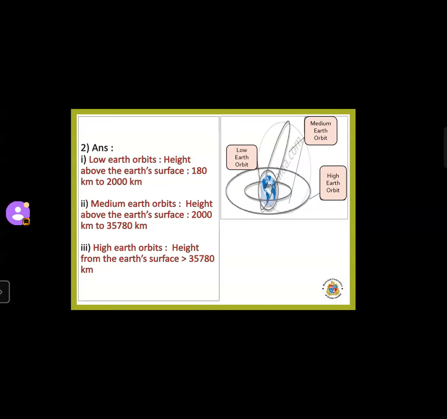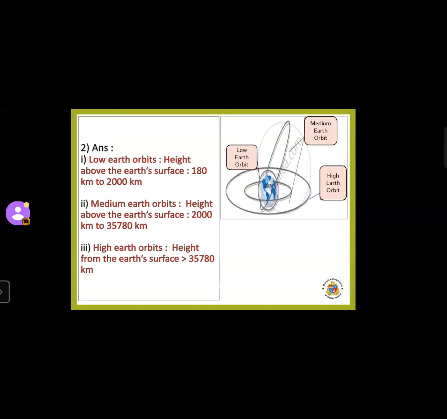The height of high Earth orbit from the Earth's surface is greater than 35,780 kilometers. So these are the 3 types of Earth orbit: low, medium, and high Earth orbit. These are the orbits of the satellite.